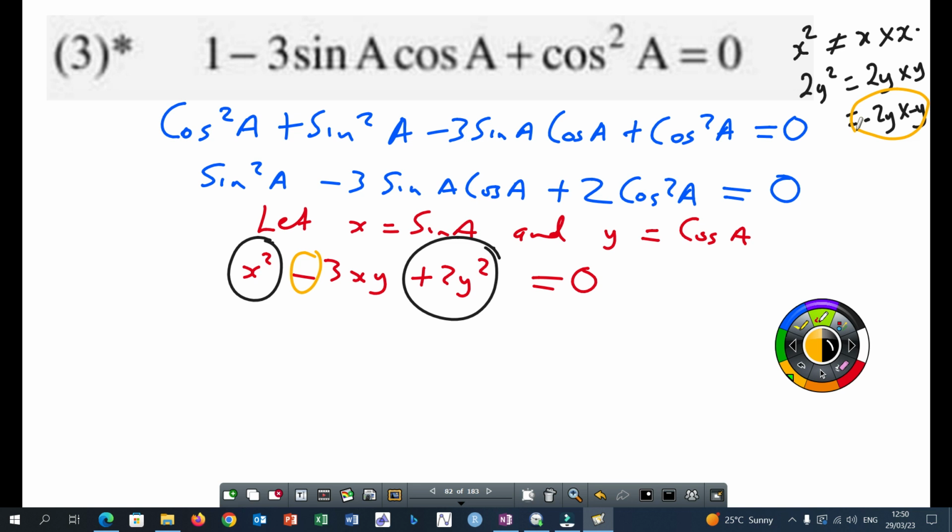So if I want to get that minus 3, I just have to multiply the 2y by x plus this minus y by x. So this question is very easy to factorize. I just open my 2 brackets. This x here has to be multiplied by minus 2y, so I put my minus 2y there.